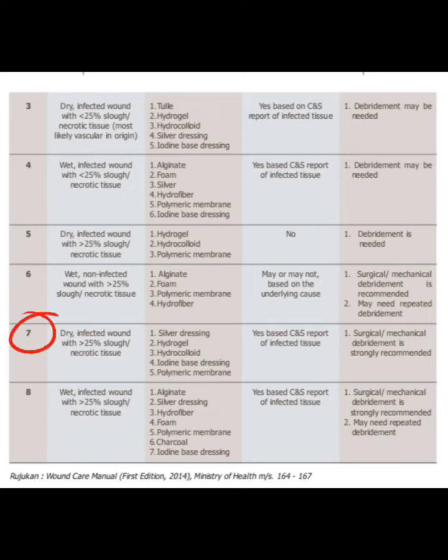Wound type 7 is a dry, infected wound with more than 25% slough or necrotic tissue. For this, silver dressing, hydrogel, hydrocolloid, or iodine-based dressing can be used. Antibiotic, yes, based on C&S report or infected tissue. And wound type 8 is a wet, infected wound with more than 25% slough or necrotic tissue.